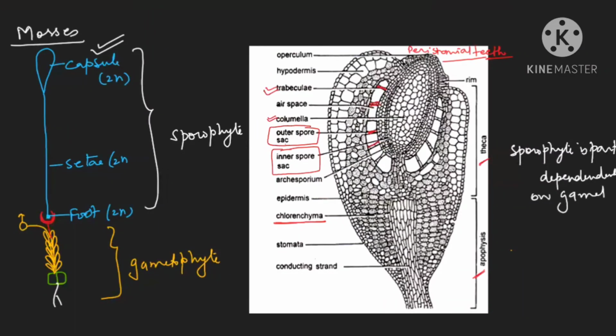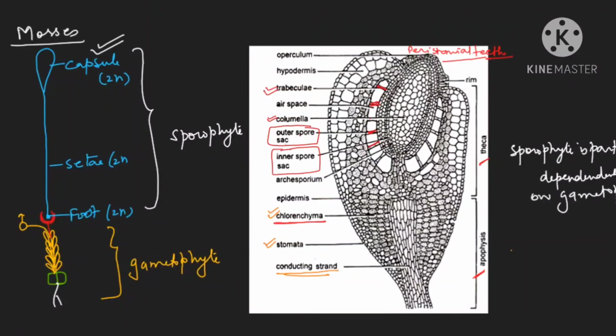Okay, not fully dependent, partially because a little bit of food it can prepare on its own because it is having the chlorenchyma and it is also having the stomata for the gaseous exchange, primitive stomata which is not showing opening and closing, and it is having a xylem-like structure. Conducting strand means it is only a tissue which is working, bringing the water up by the action of capillarity.